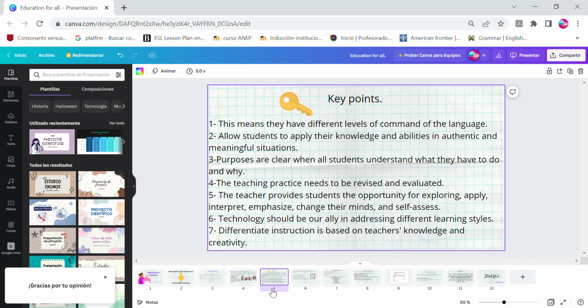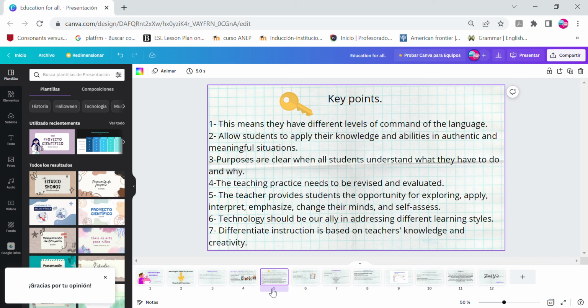So we need to be open, and we need to observe how our students work inside the classroom and make the changes that are necessary to make them feel comfortable and achieve the aims. The teacher provides students the opportunity for exploring, applying, interpreting, empathizing, changing their minds, and self-assessing.